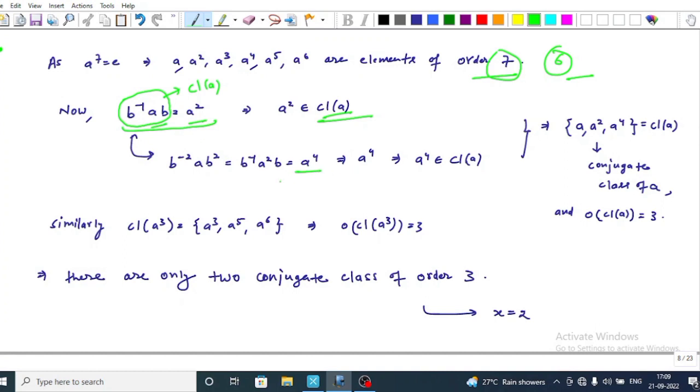This implies that A power 4 belongs to the conjugacy class of A. Again iterating these steps, we get only 3 elements in the conjugacy class of A. Similarly, for the conjugacy class of A cube, these 6 elements imply that there are only 2 conjugacy classes of order 3. That is, the value of x equals 2.